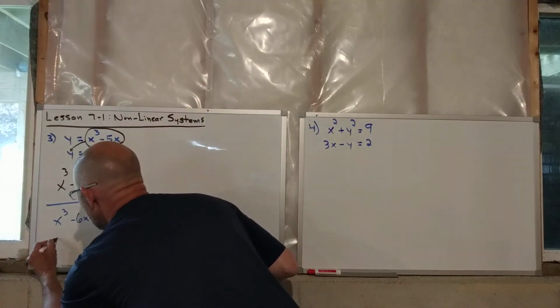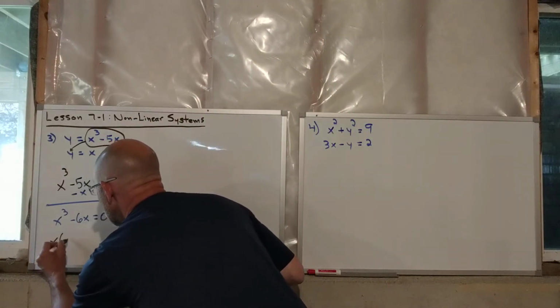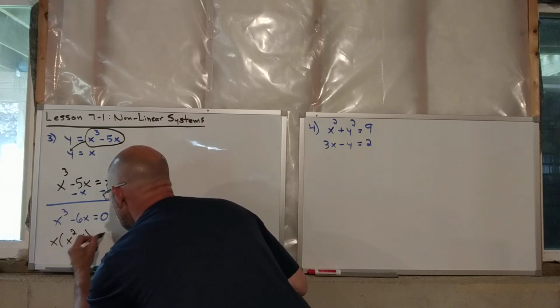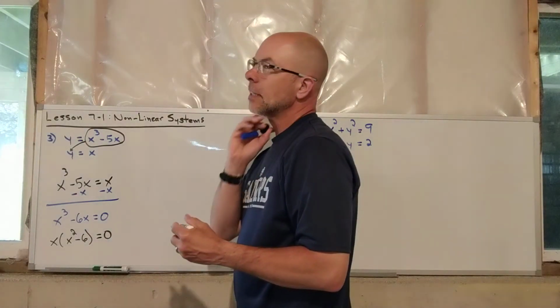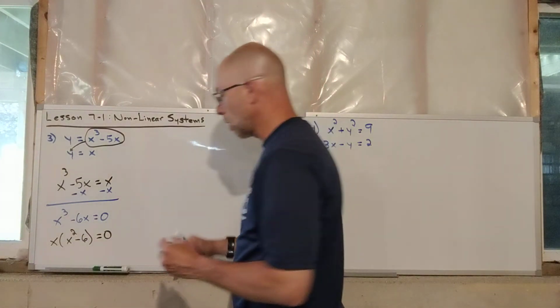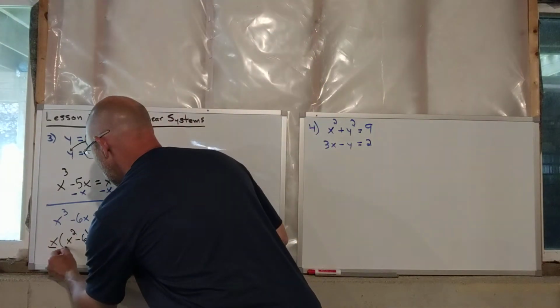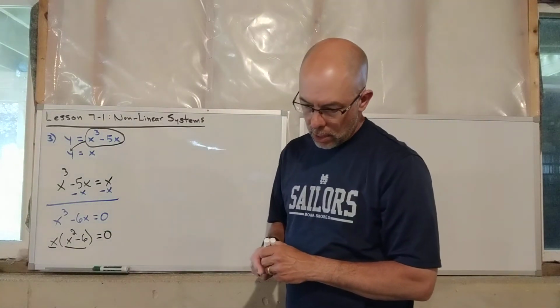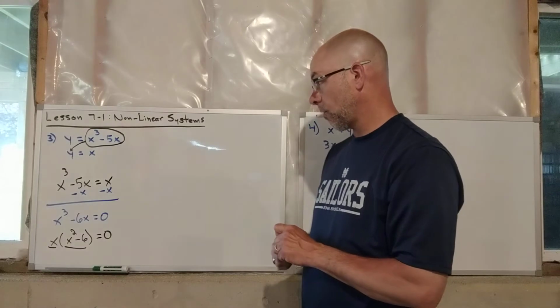So GCF of x leaves me x squared minus 6 equals 0. Now I need to take this and this and set it equal to 0 and solve.